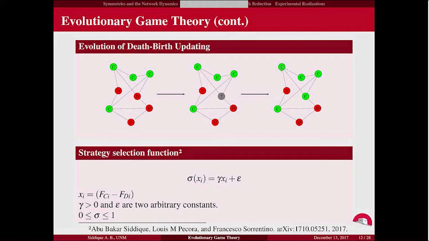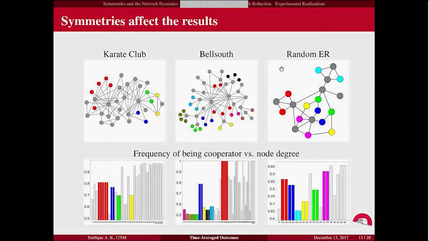We define the strategy selection function sigma, which ranges from 0 to 1. We can find the detailed description in the paper on arXiv by Siddique, Louis Pecora and Francesco Sorrentino. Now we would like to present the results.